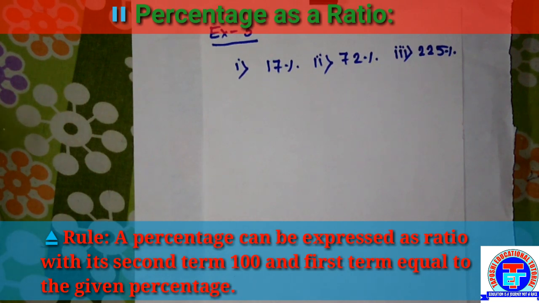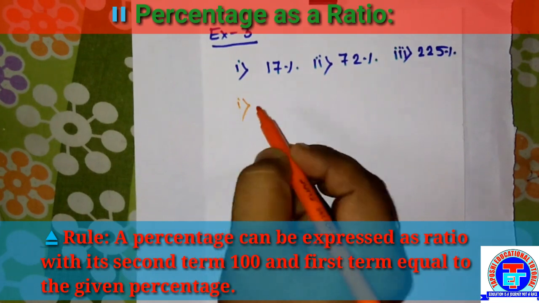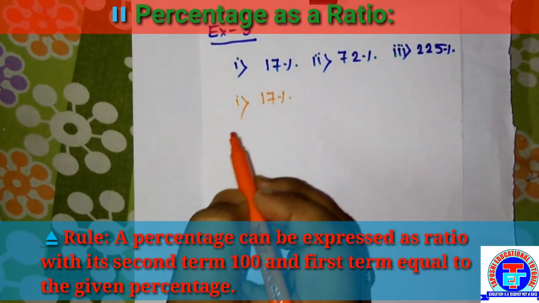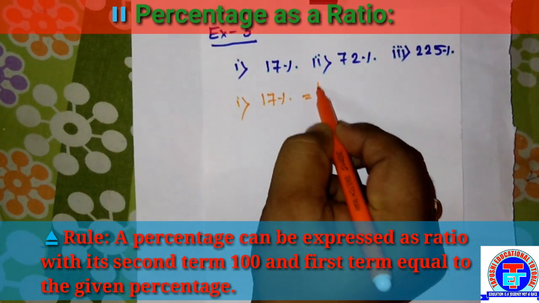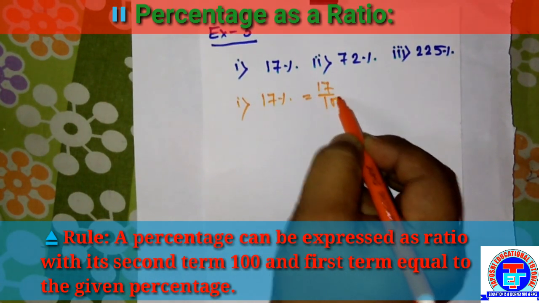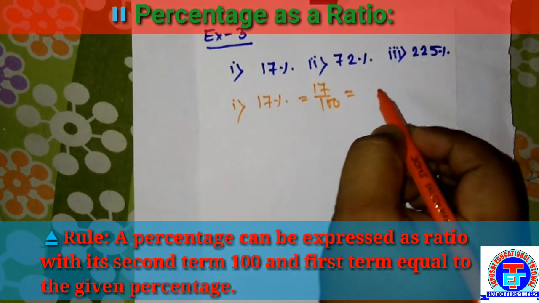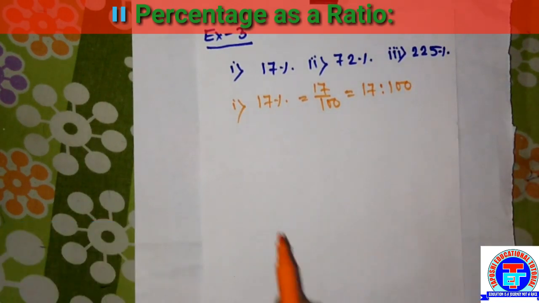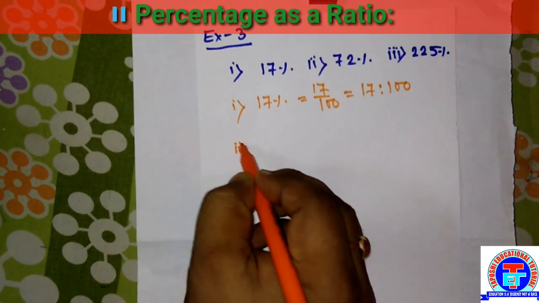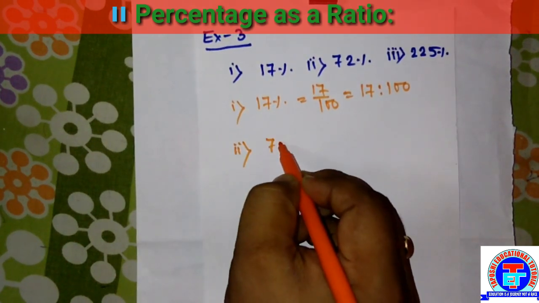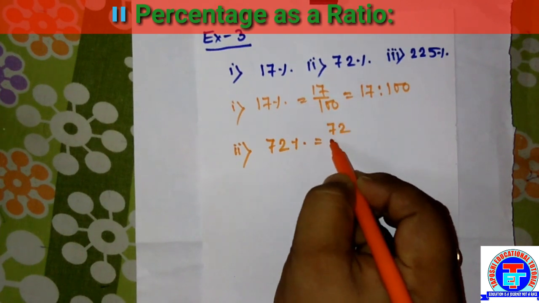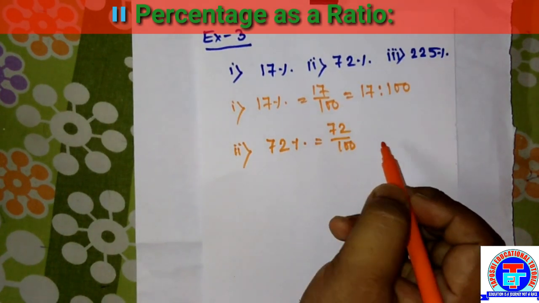First one given is 17 percent. The solution: 17 percent, we write this way, 17 by 100. The ratio form is 17 is to 100.